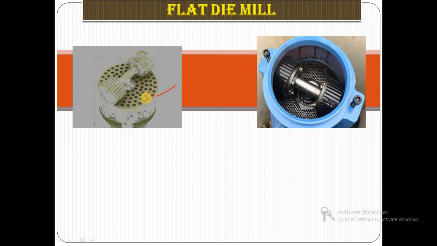In this die there are different slots available, and when powder material is introduced, pellets are formed through these slots with a specific shape and size. So this is the actual pellet mill machine, and this is the working principle of the flat die mill. This is the flat die mill technique.